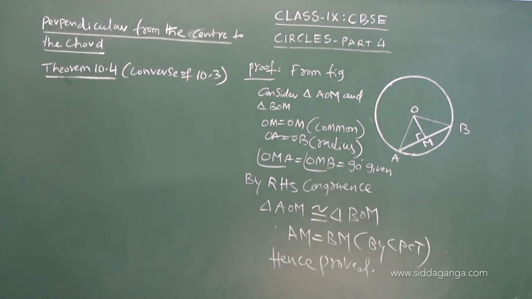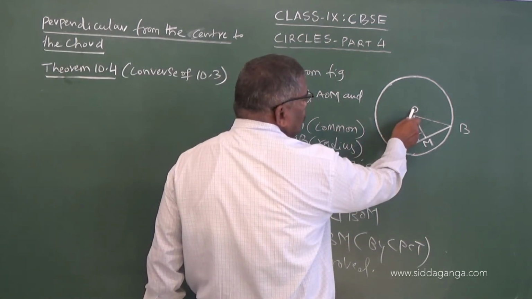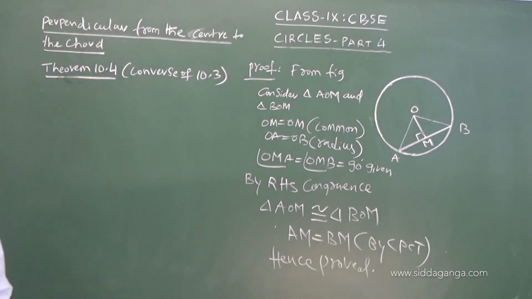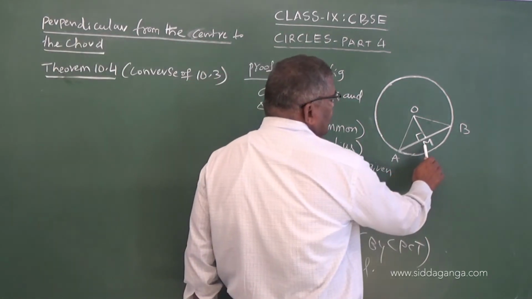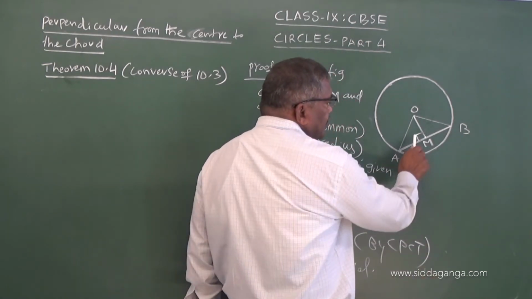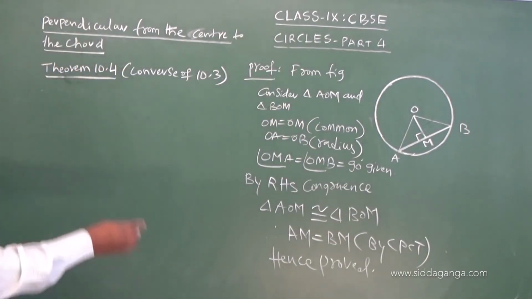So let us state it. The line drawn through the center of the circle to bisect the chord AB. That means here AM is equal to MB is given. We have to prove that the angle is 90 degree. Only that much is the difference.